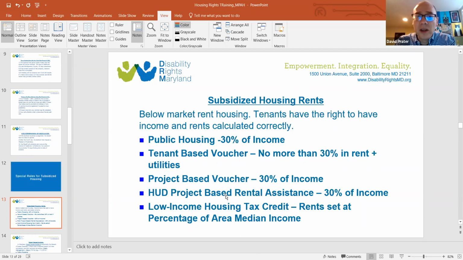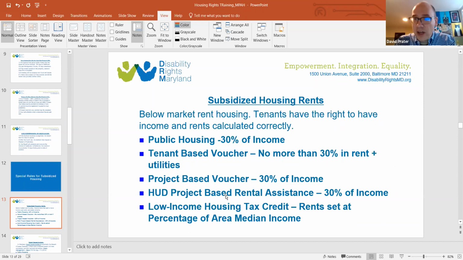And in public housing, that means no more than 30% of your income goes towards your rent. For tenant-based vouchers, no more than 30% of your income goes towards rent and utilities.